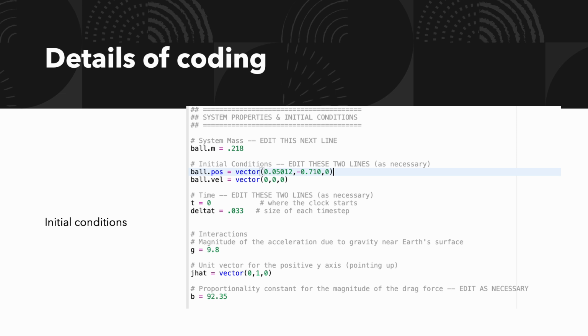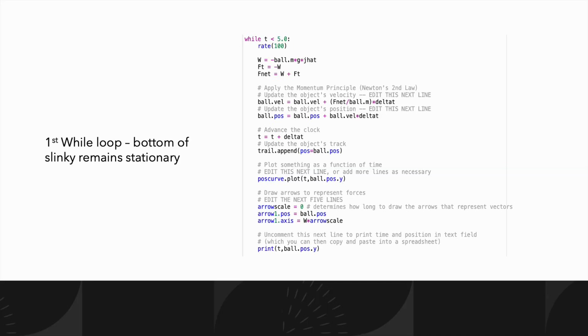And then there's g, which is 9.8, and I calculated b, the proportionality constant, by trial and error, and I got 92.35. So this is the first while loop when the bottom of the slinky stays stationary. So 5 seconds is how much time the bottom is stationary for. And there's two forces acting on the slinky, which is the force of gravity and the tension force.